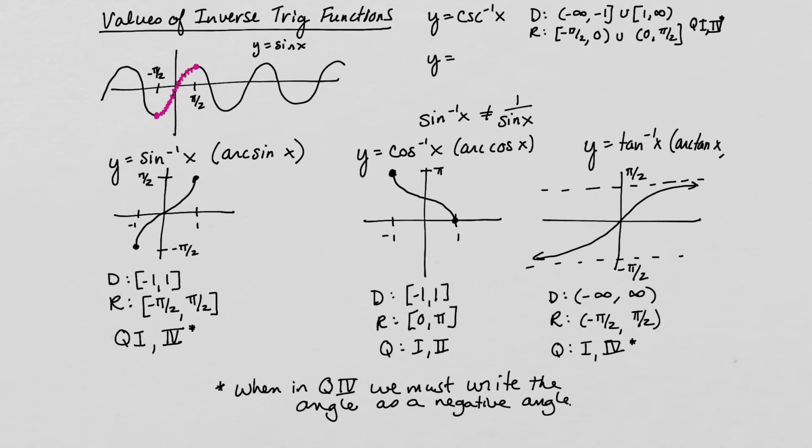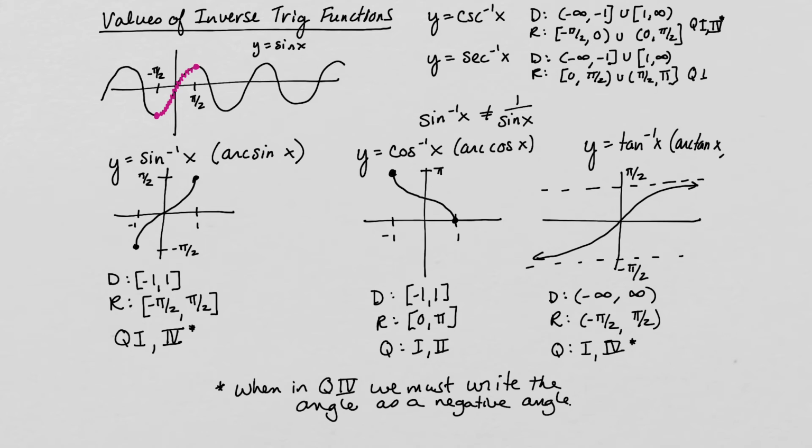Y equals the inverse secant of x. The domain is minus infinity to minus 1, union 1 to infinity, and the range is 0 to pi over 2, union pi over 2 to pi.